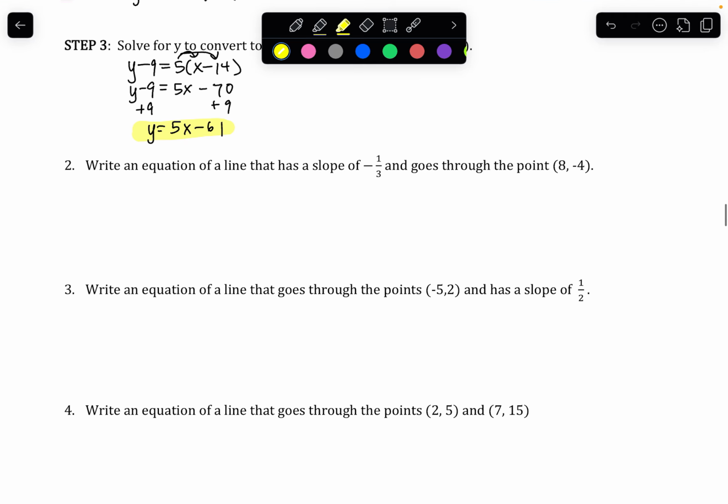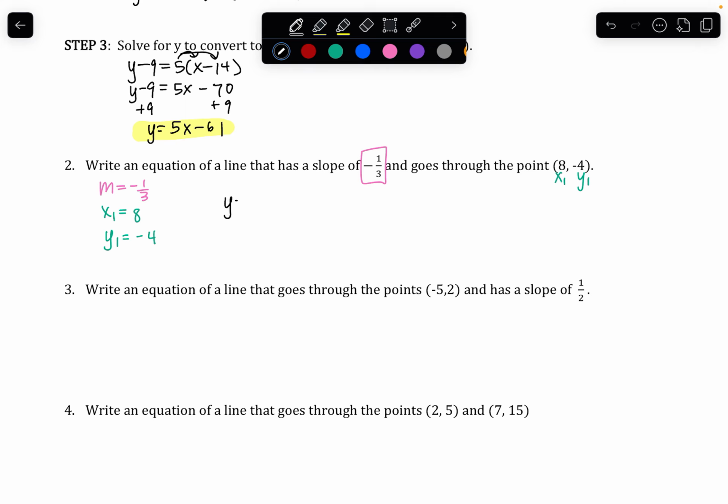Okay, and so number 2, write an equation of a line that has a slope of negative 1/3 and goes through the point (8, negative 4). So to identify, our m is negative 1/3, our x-coordinate is 8, and our y-coordinate is negative 4.